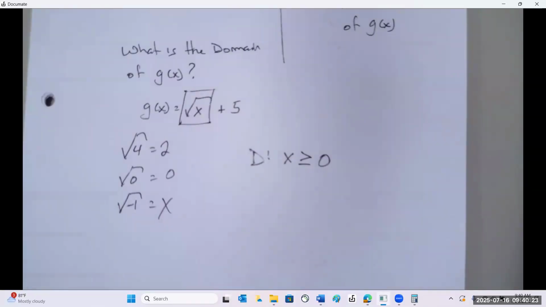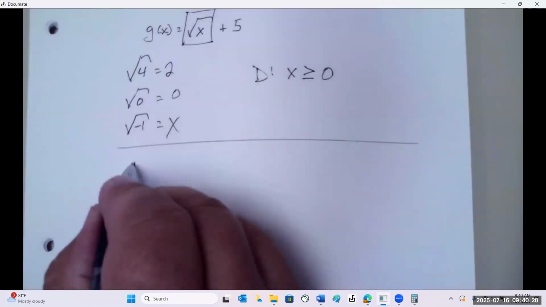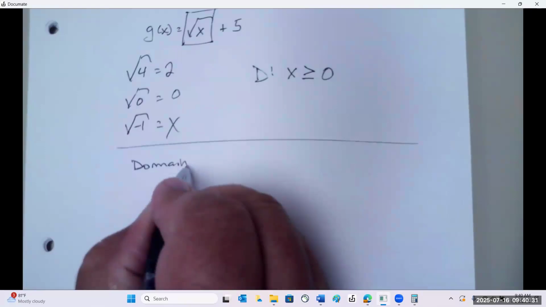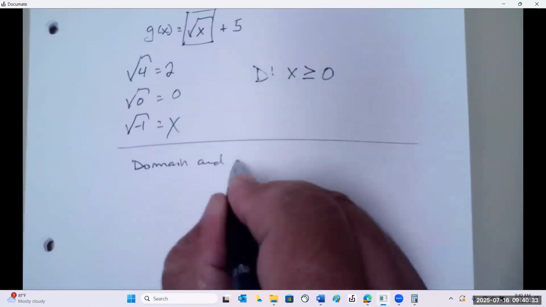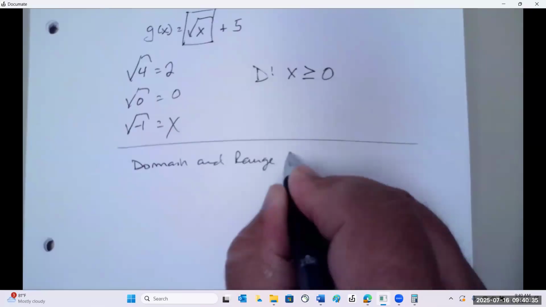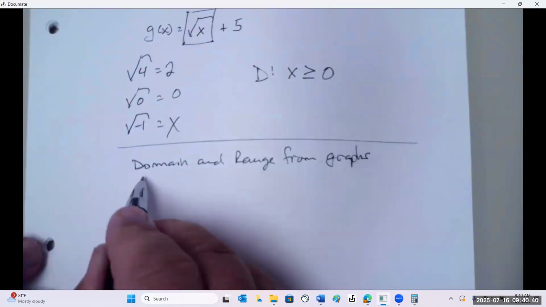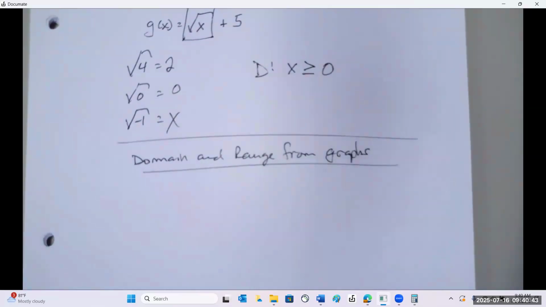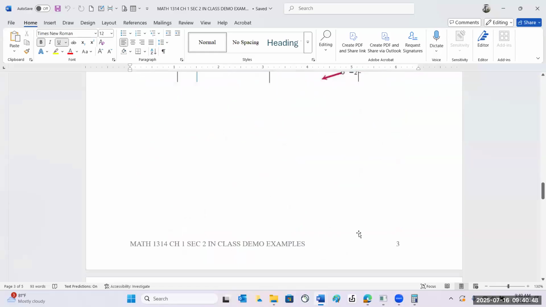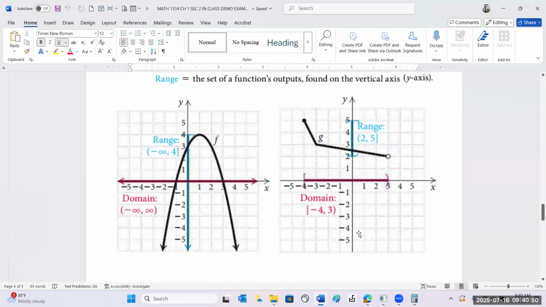So that's if I give you a function. What if I give you a graph? So in this first one, the domain deals with the x-axis.